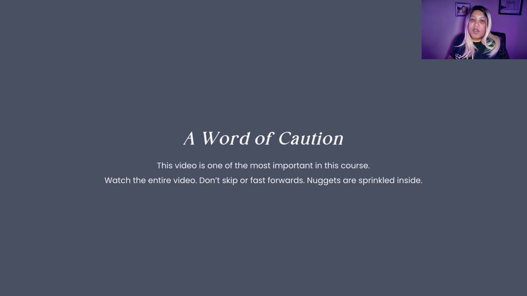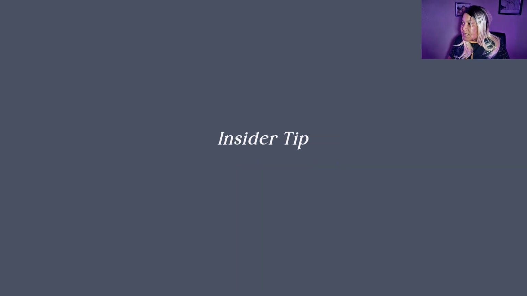I never know when they're going to pop up, and I don't want you to miss them because it might be that one thing that makes a world of difference in your business. And an insider tip, just watch the video in 1.5 or 2x the speed if you are pressed for time. If you are too pressed, just wait until you have time to come back because there's copy and paste and things we have to do in order to make this happen.